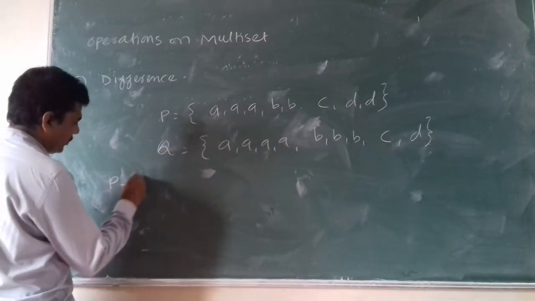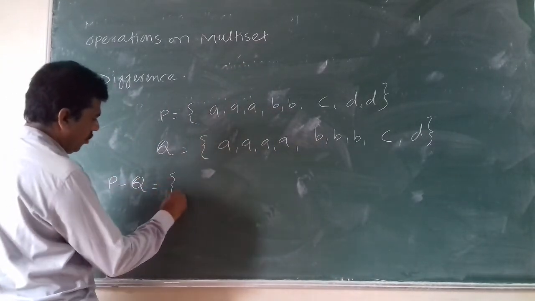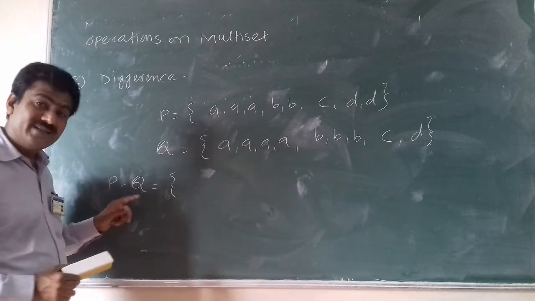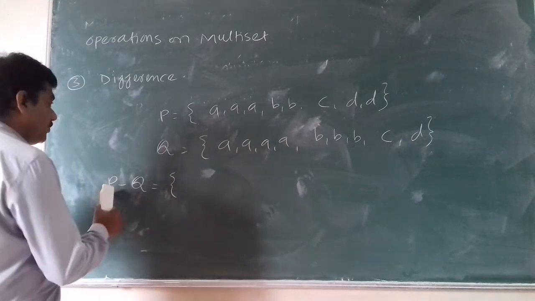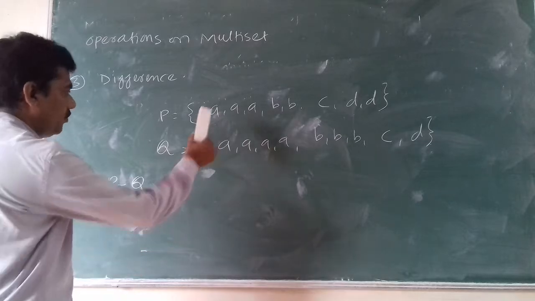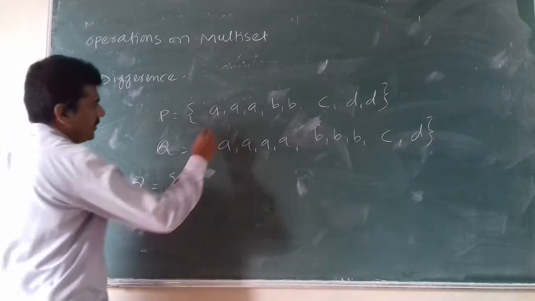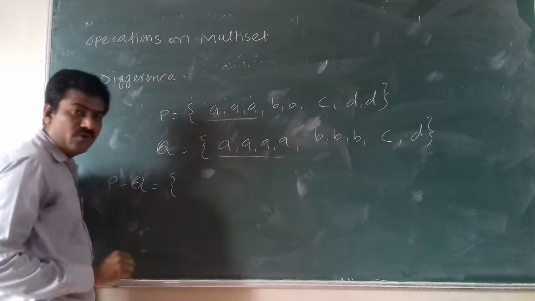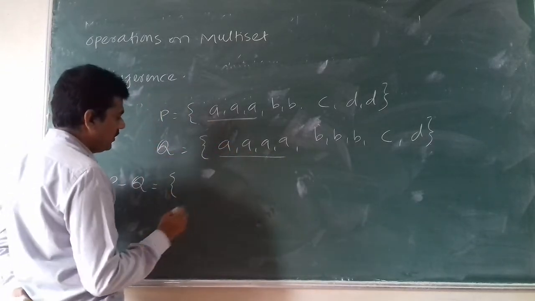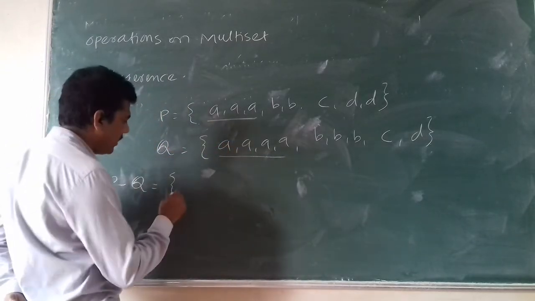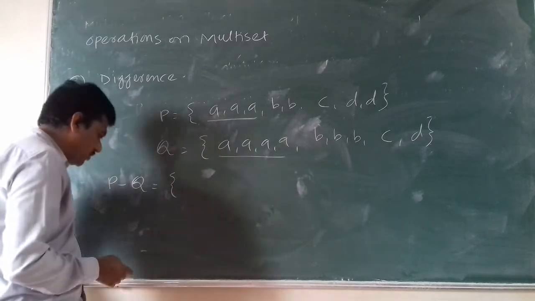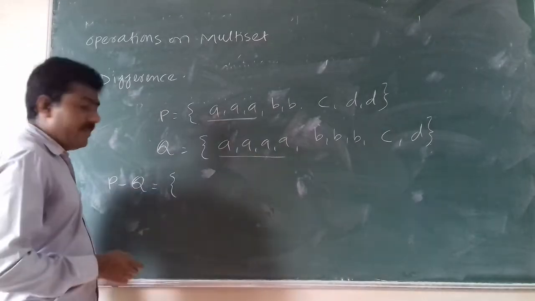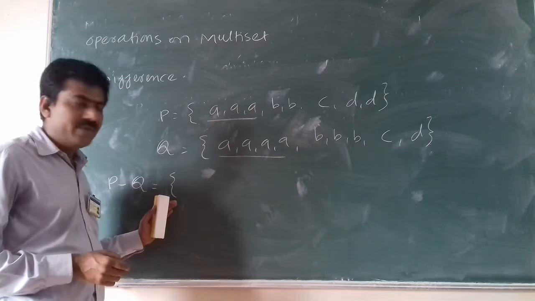Now this is P minus Q. So order is important: first set minus the second set. Okay. So in both sets the element A exists. The multiplicity is 3 in P, 3 minus 4 for the second set. So 3 minus 4 is what? Minus 1. So we write it as 0. So no A element should be there in P minus Q.